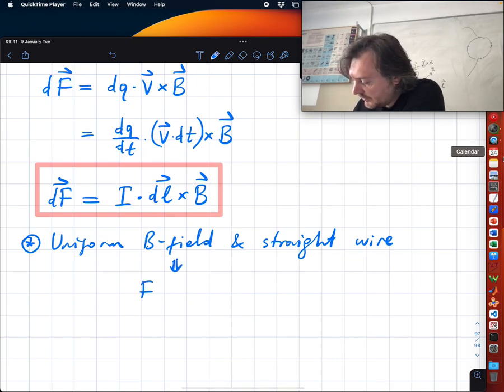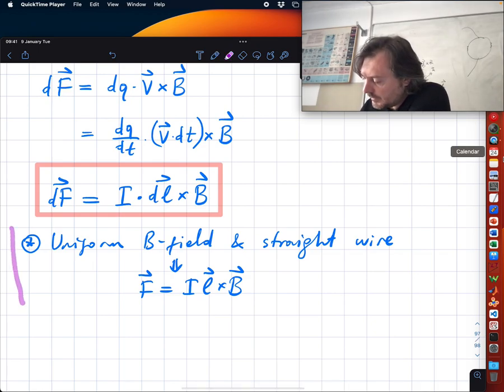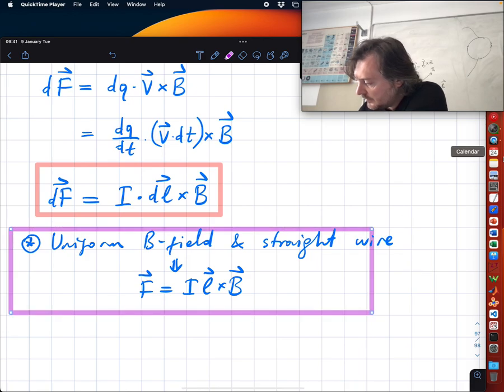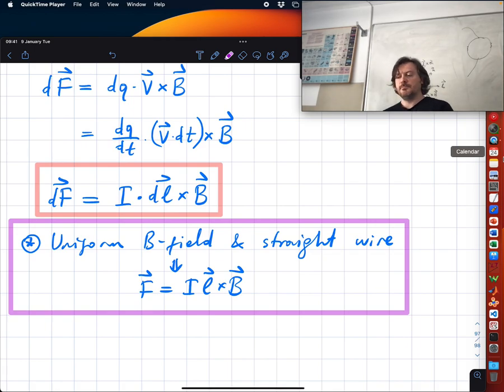You can simply write F is equal to I L cross B. This is for a uniform B field and a straight wire. Okay? Does it make sense to you?